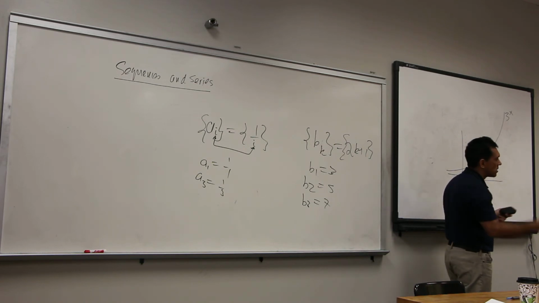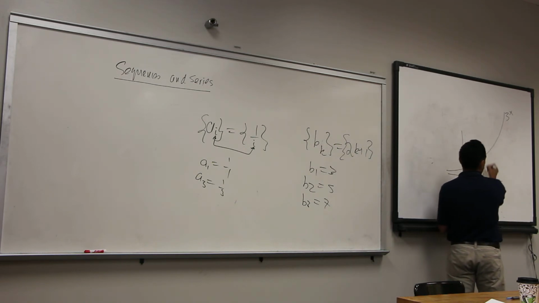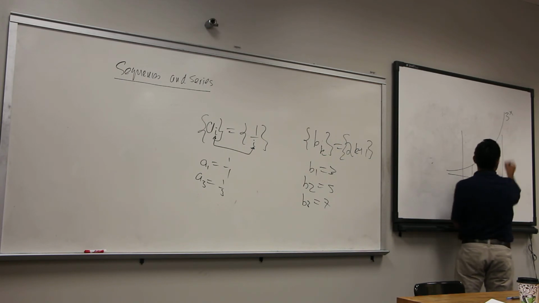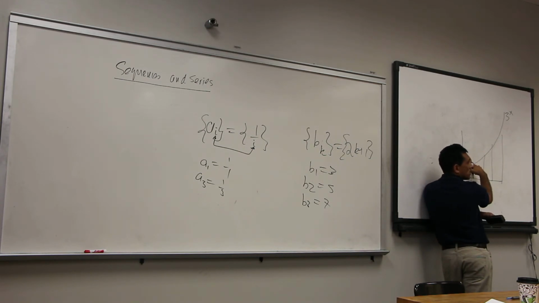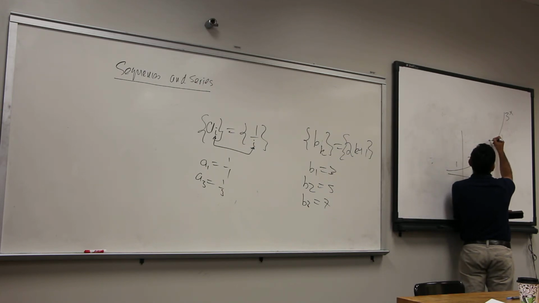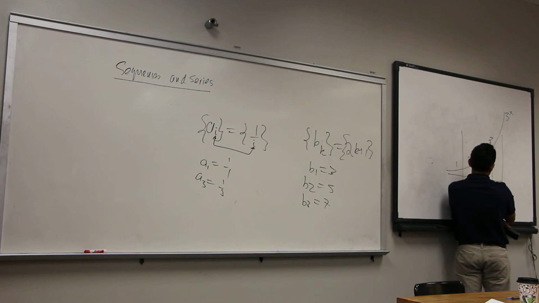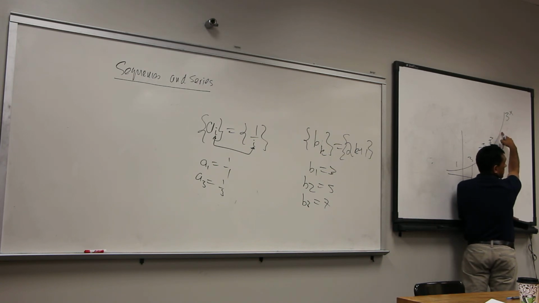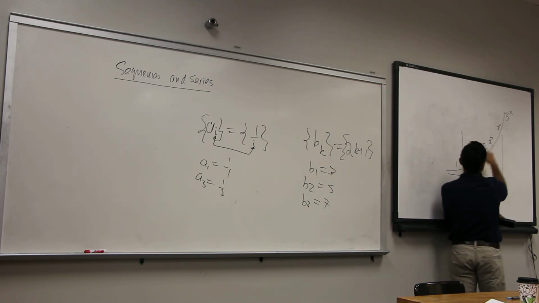Okay, so we're going to evaluate this at. Well, this one you can evaluate at 0. What is this? 1. 3. 9. 27. It's your sequence.